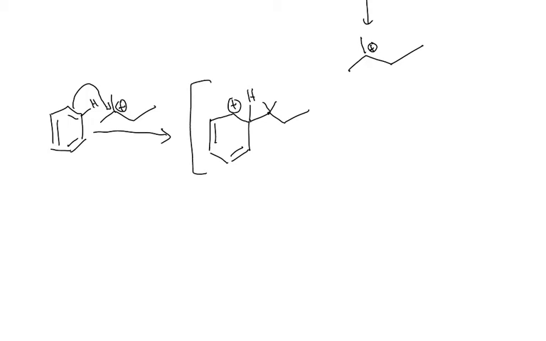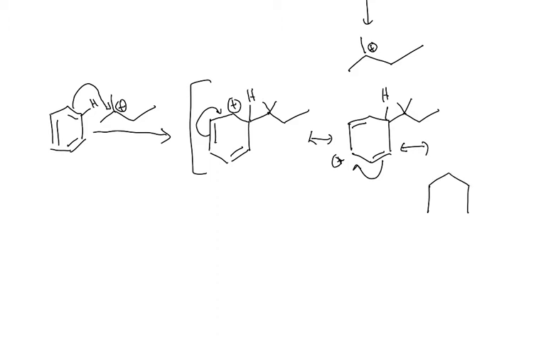So we have an allylic carbocation, so we can move that positive charge around our ring and get two additional resonance structures. All right, so this is my sigma complex.